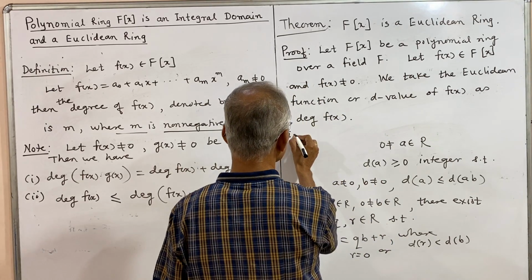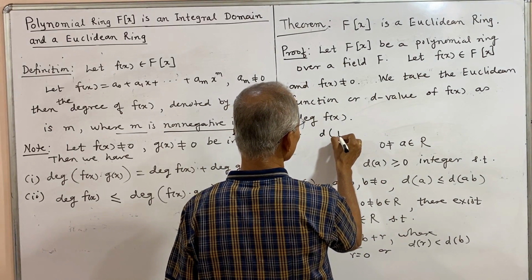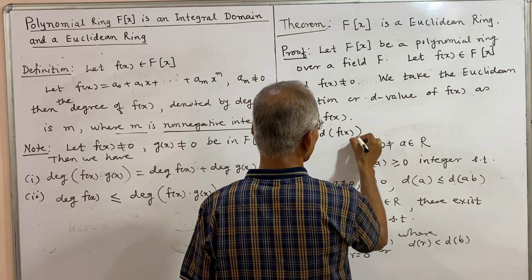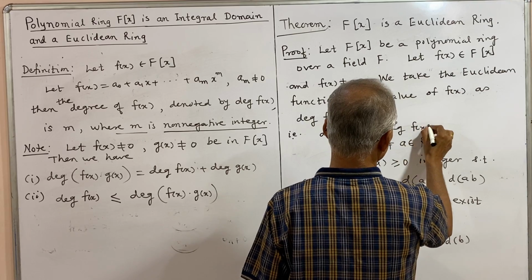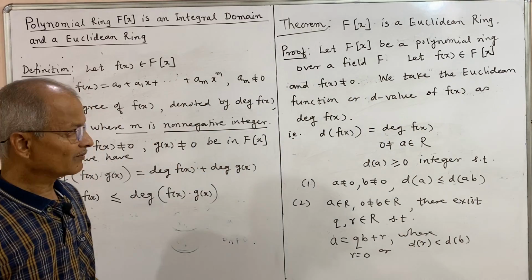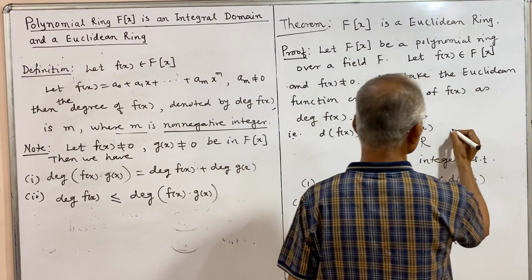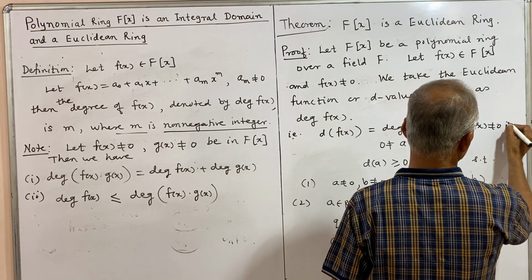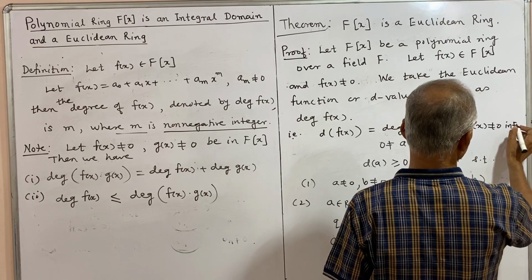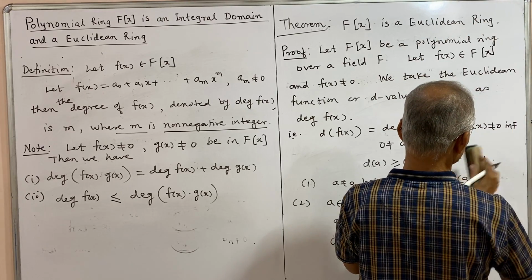So that is, we have d of f(x) is equal to the degree of f(x), where f(x) is not equal to 0 in this Euclidean ring.